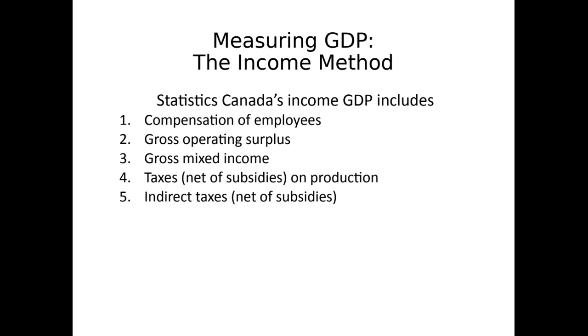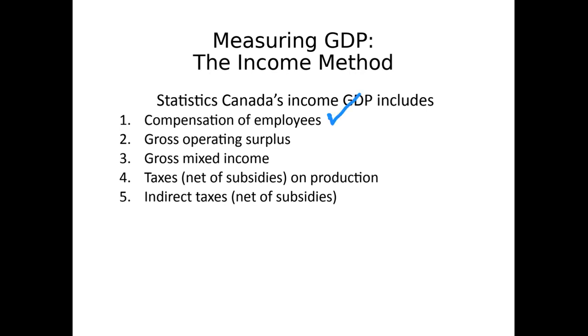Just go to this website and click GDP, and then you have data on the income method and expenditure method. So the income method, this is how we calculate it. This is compensation of employees. So you add compensation of employees, I mean basically wages.